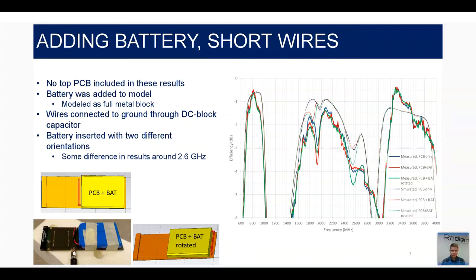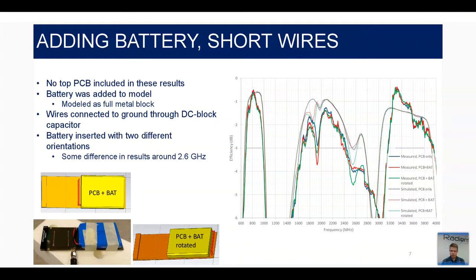And from the results, again, we can see that in the low bands and also in the highest band, so about 3 gigahertz, there isn't any difference between these cases. But then again, here in the mid bands, we can see that, for example, in the 1900 area, there is the notch in the efficiency, which was also there just with the antenna itself and the PCB only.